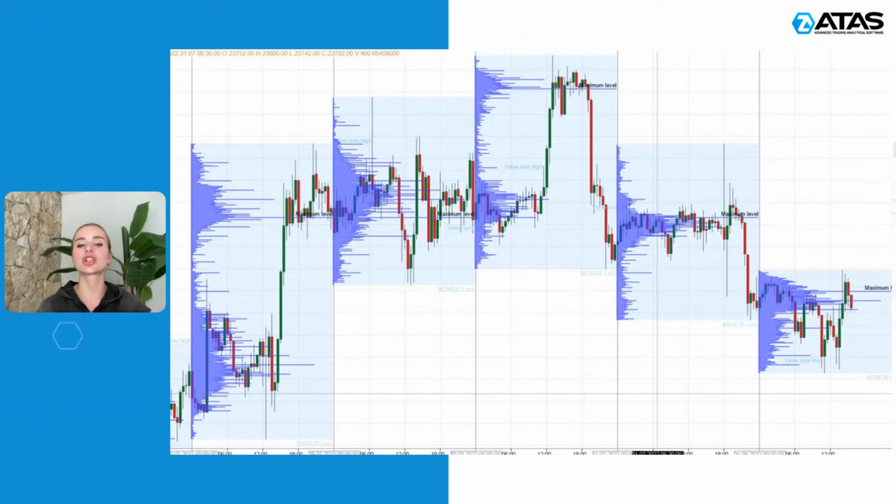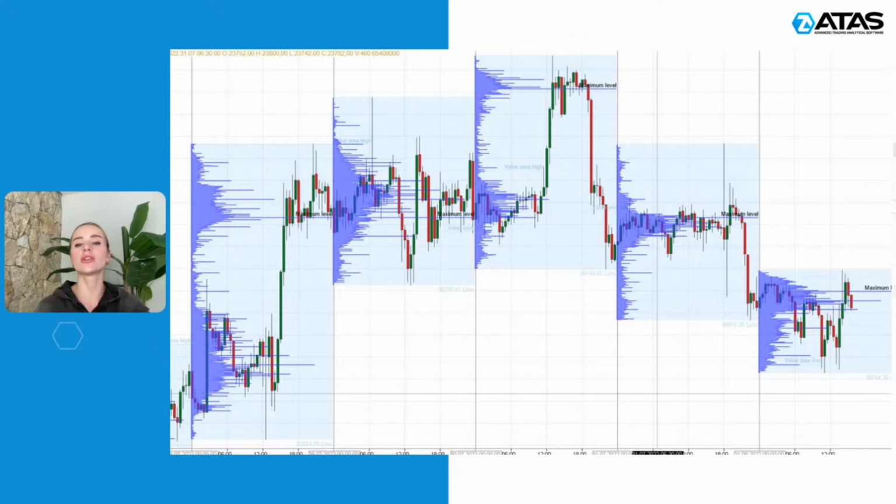As you can see, the sharp movements to the upside usually carry lower volume. They usually require less volume for the price to move. It's an inefficient market, and it usually is combined with low volume nodes.